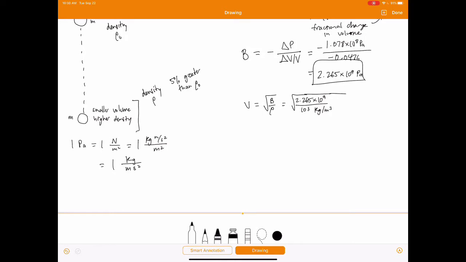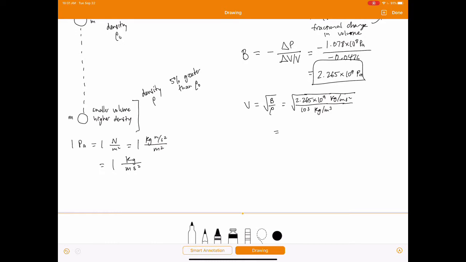So in my calculation for v, I'm going to write 2.265 × 10^9 pascals as 2.265 × 10^9 kilograms divided by meters second squared like this, just so we can see how the units work out at the end of the day.